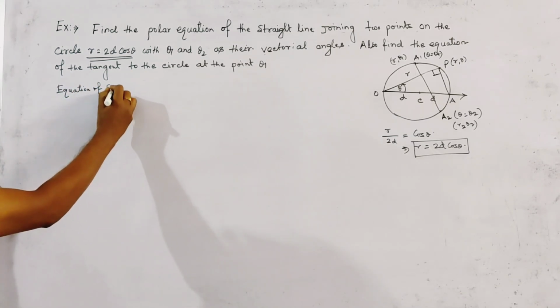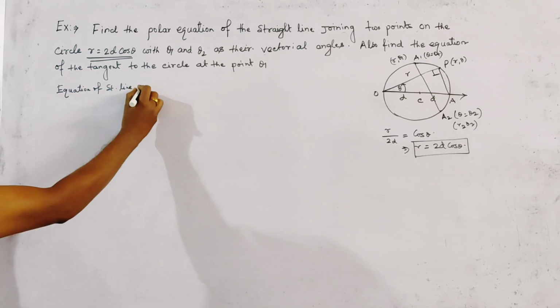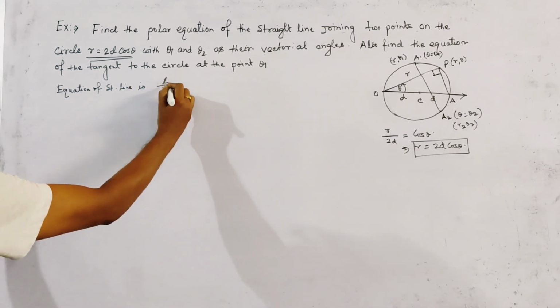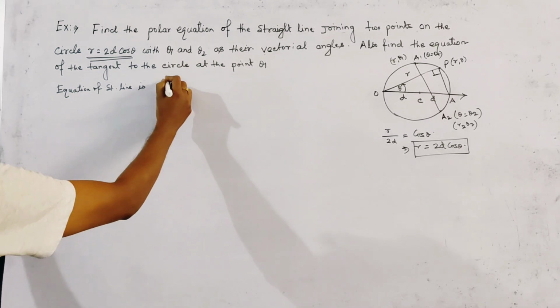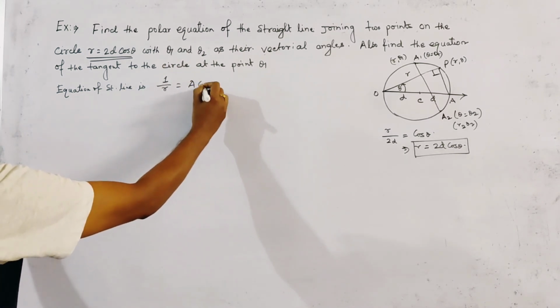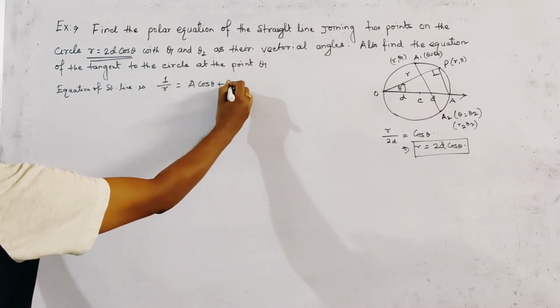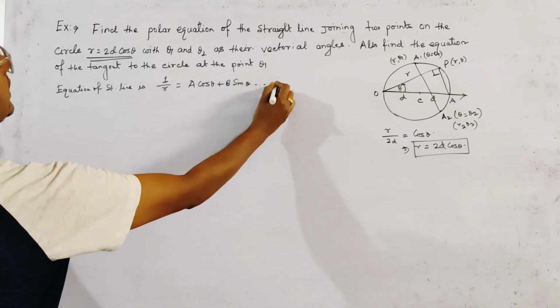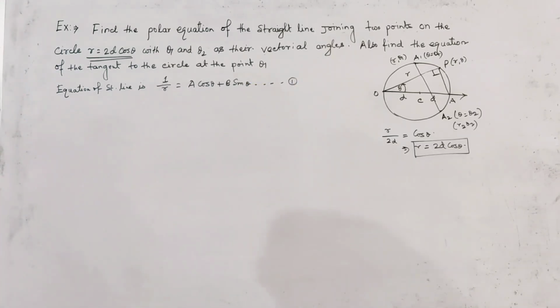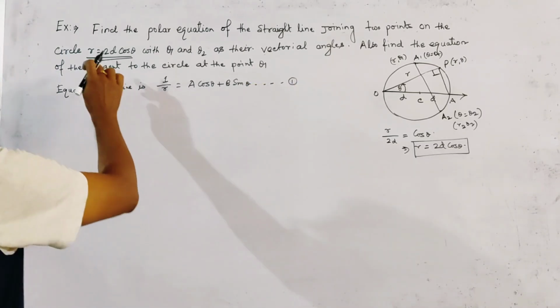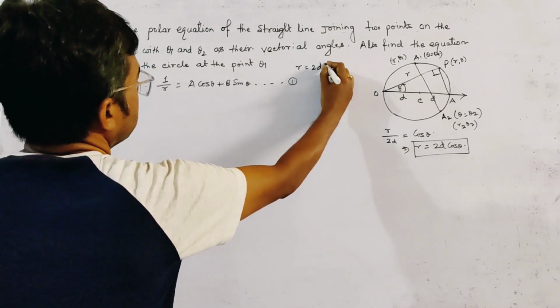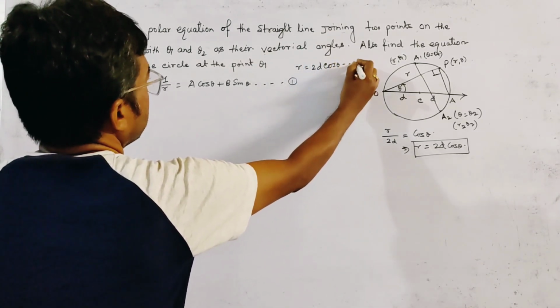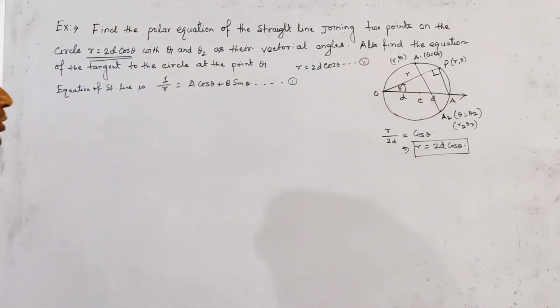We first let the equation of the straight line be 1 by r = A cos theta + B sin theta. This is equation 1. And the circle is r = 2d cos theta, which is named equation 2.